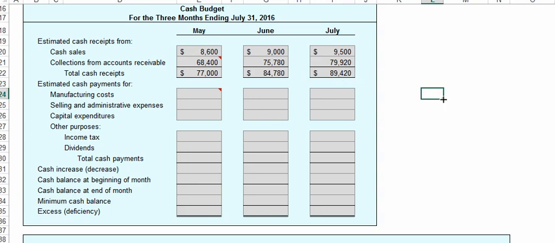Alright, so we get total cash receipts from each month. 77,000 for May, 84,780 for June, and 89,420 for July.